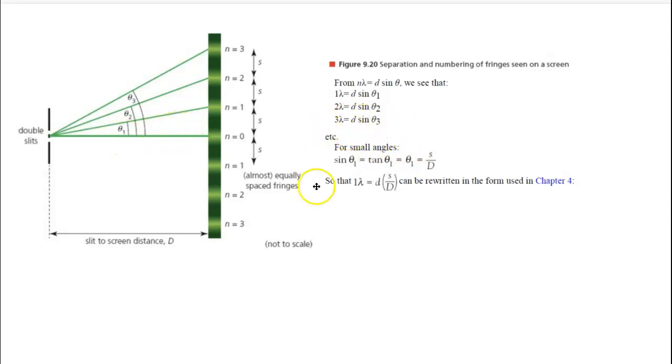If this angle is very small, then sine theta equals tan theta, which is equal to theta.